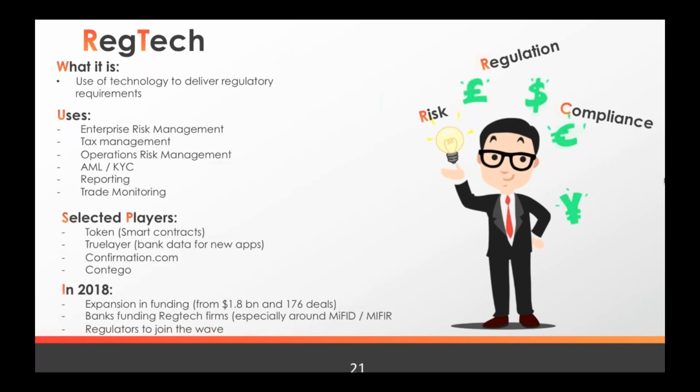So there will always be changes. And RegTech is trying to be dynamic so that whenever you need to change a regulation, you can just change some parameters on a system, and then it will be easy to comply with the new regulation.